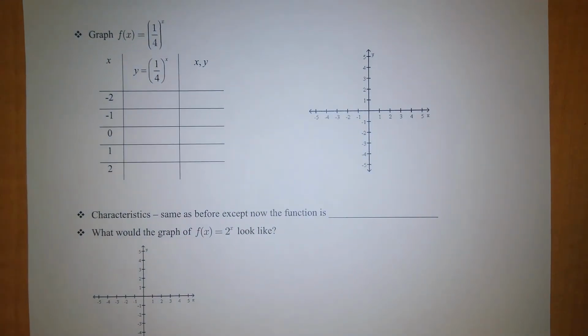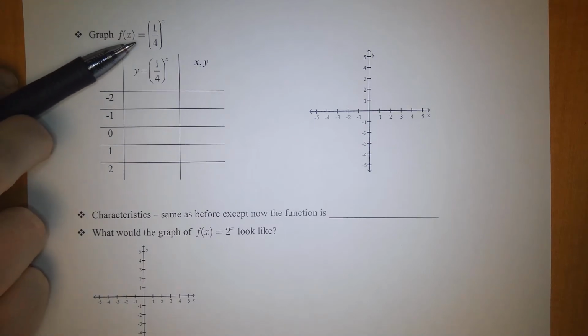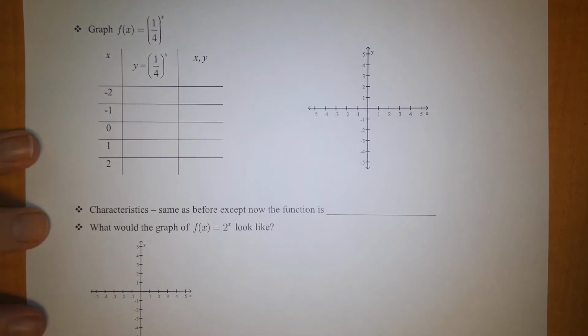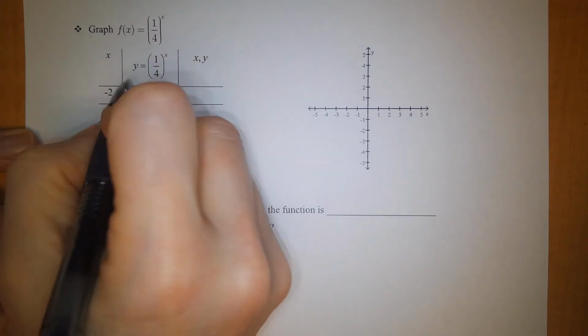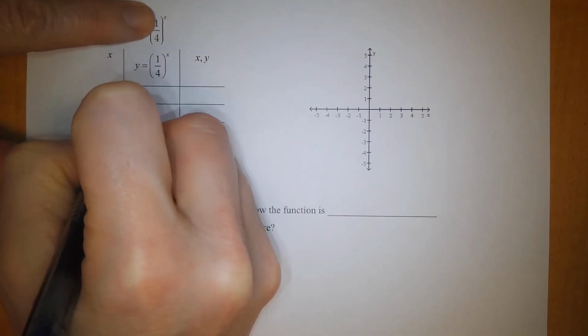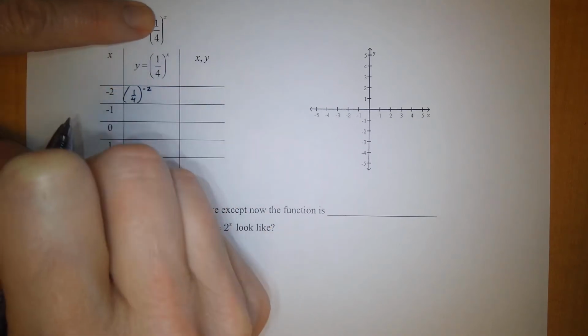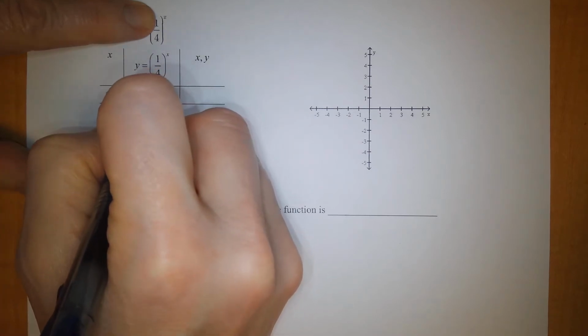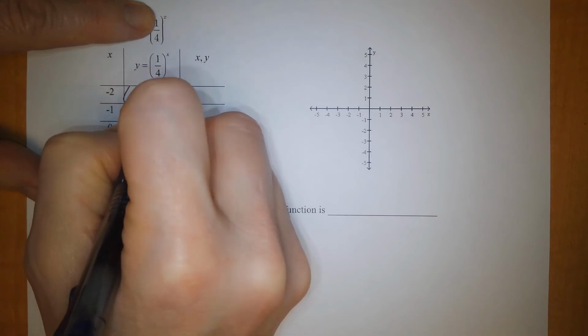So let's look at the second page. Let's actually graph this function. It has a fraction as its base. Okay? So let's see what happens to this graph. Let's plug in -2 for the exponent. So this becomes 1/4 to the -2 power, which is 1 to the -2 over 4 to the -2.